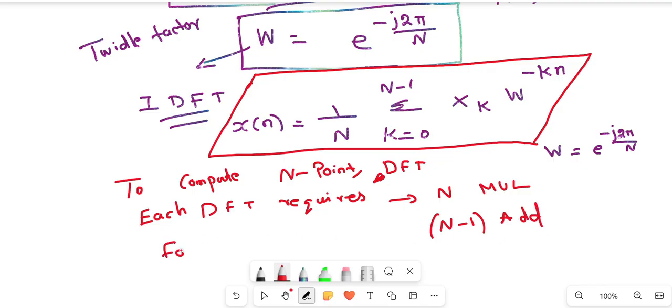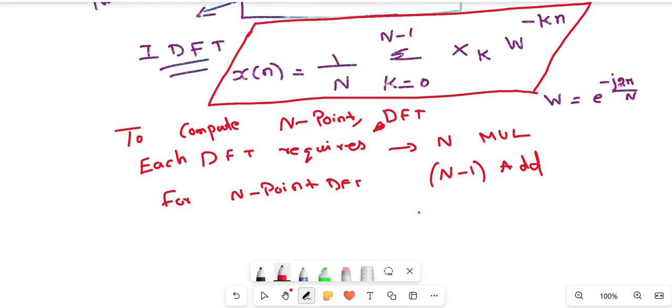For the N-point DFT, it requires N squared complex multiplications and N into N minus 1 complex additions.